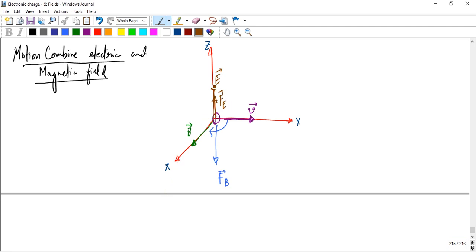So you see that the electric field and the electrostatic force are both in the same direction, but the magnetic field and magnetic force are not in the same direction. They are mutually perpendicular to each other.